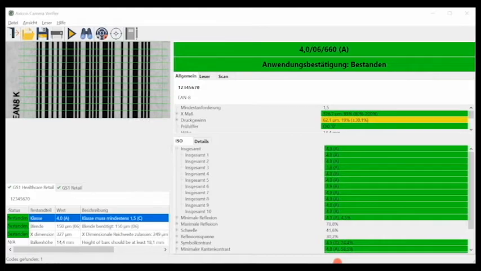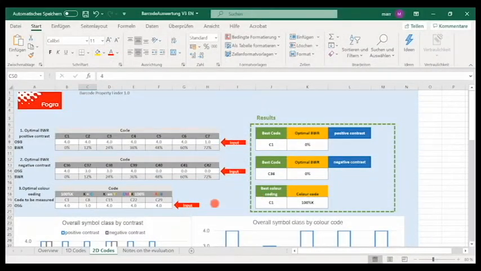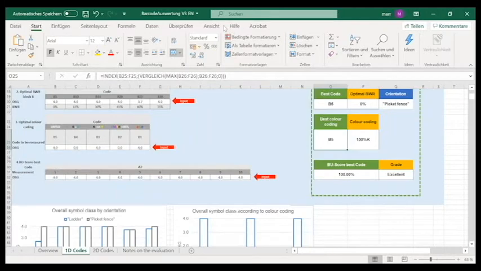So what do we do with the BU score? We make 10 measurements. If you have a laser-based verifier, you make the 10 measurements yourself.